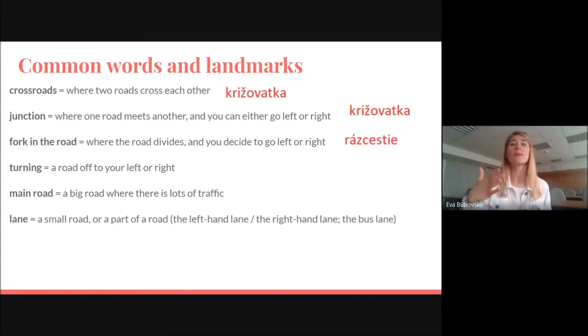If you want to give somebody direction, you could say, go straight on until you reach a fork in the road, and then turn left or turn right. So fork in the road is actually a good way to express it, but as well you could use the word crossroad or junction.